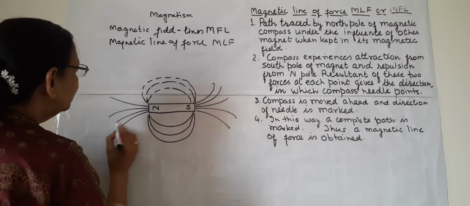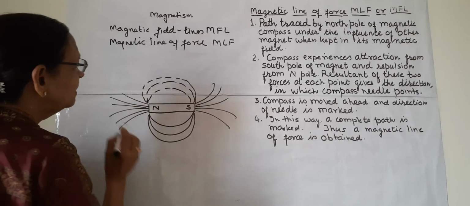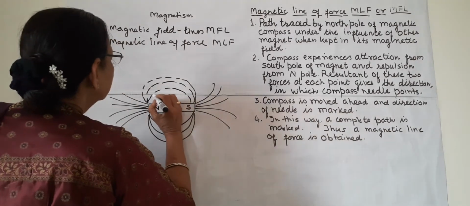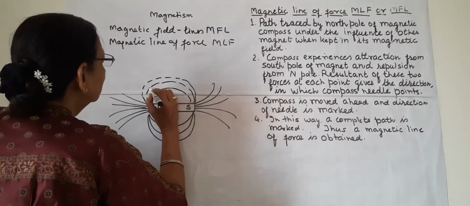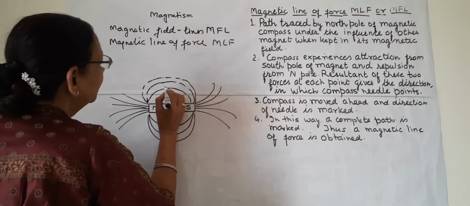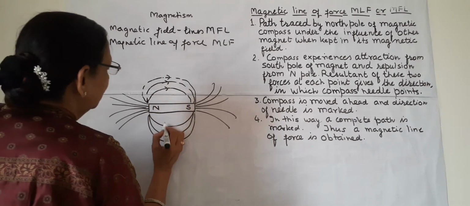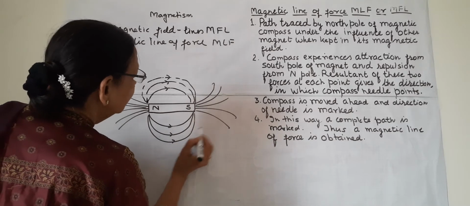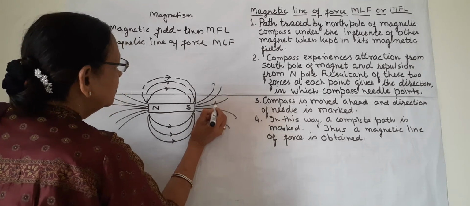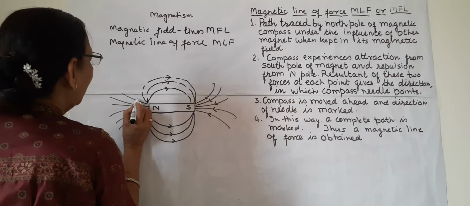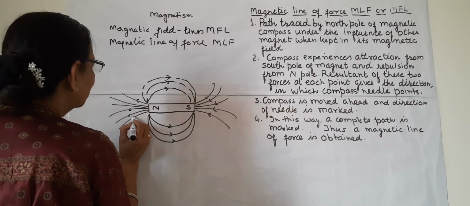So how can these lines be drawn and what are these lines? These lines have direction, like this, like this, like this. So they have a direction and they have magnitude also.